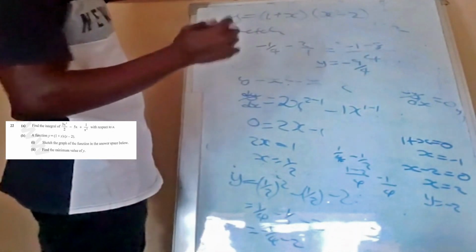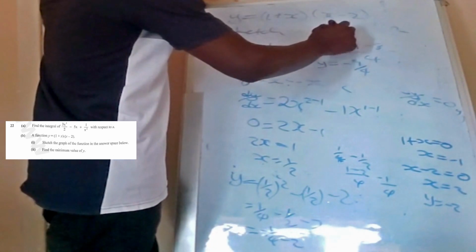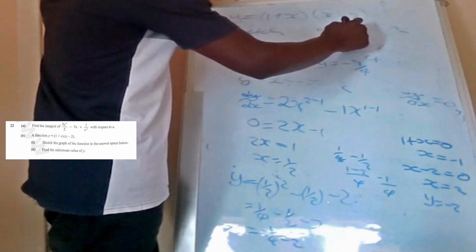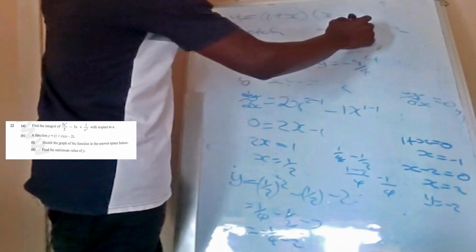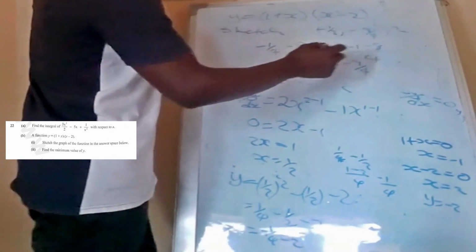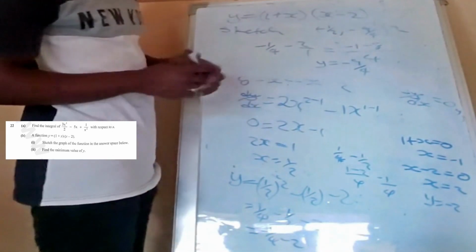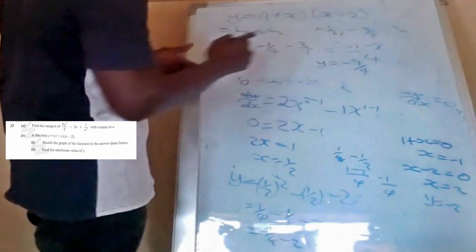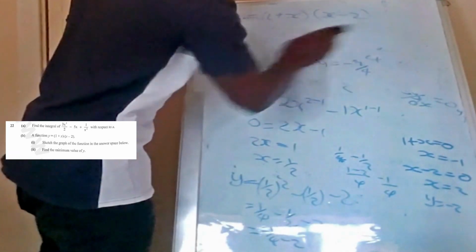So now the minimum point will be negative 1 over 2, comma, negative 9 over 4. And now 9 over 4 is simply 2 and a quarter. So let me just write the answer here so that you can see it.